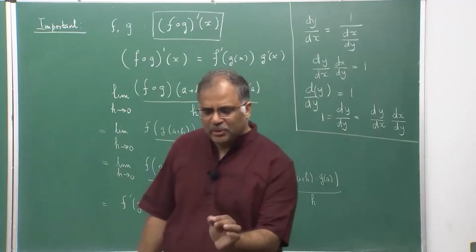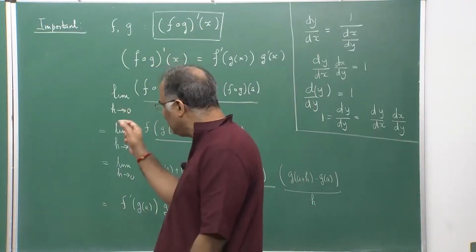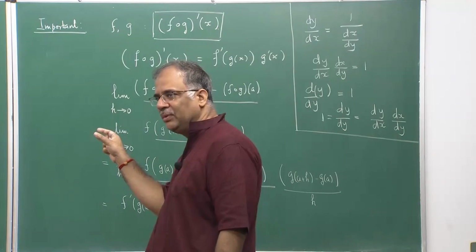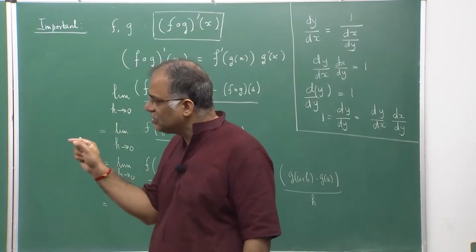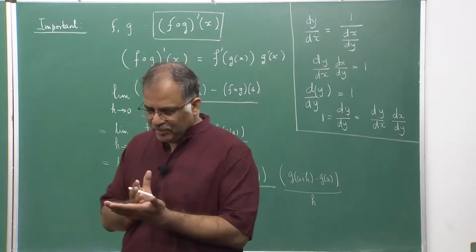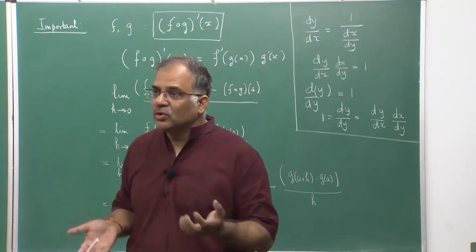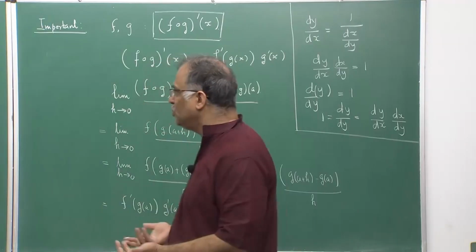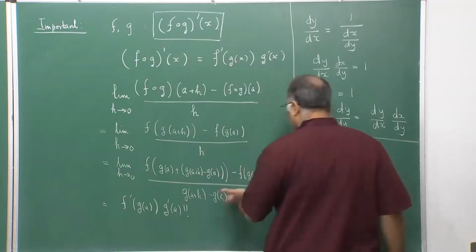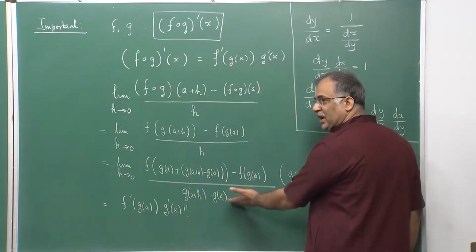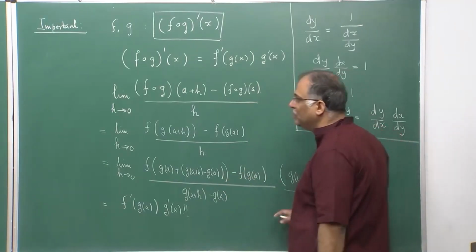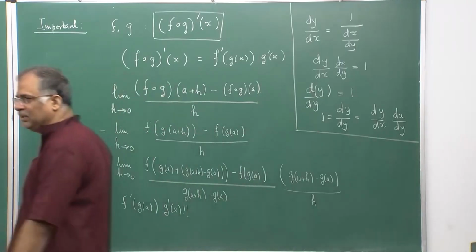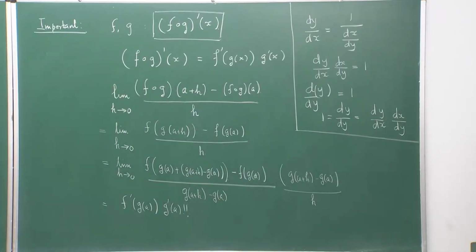If I move a little bit from g(a), the function could remain constant over a little zone, or maybe it is just constant after some time, and g(a+h) minus g(a) could be just 0. How do you accommodate that situation? There is no way I can tell anything if that happens here, and that tells us that this approach of proving the chain rule, which is quite standard in many ordinary calculus texts, is actually wrong.